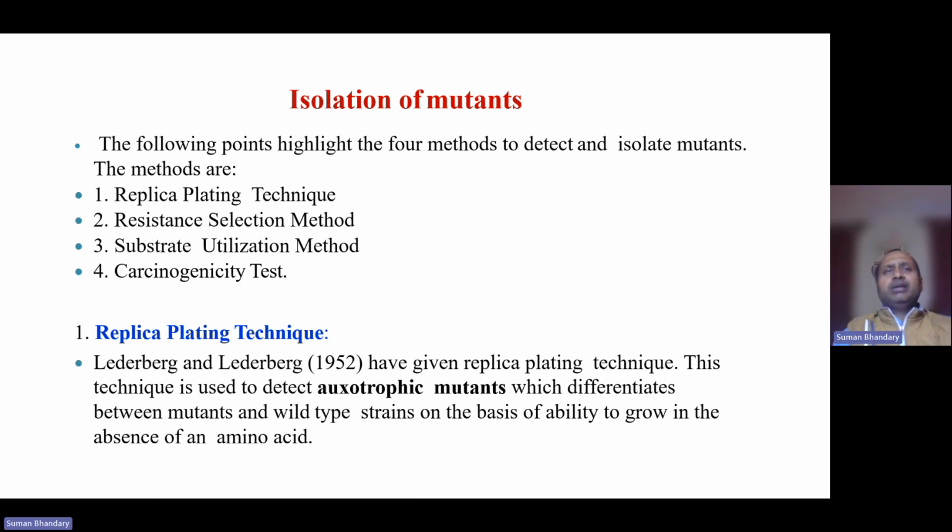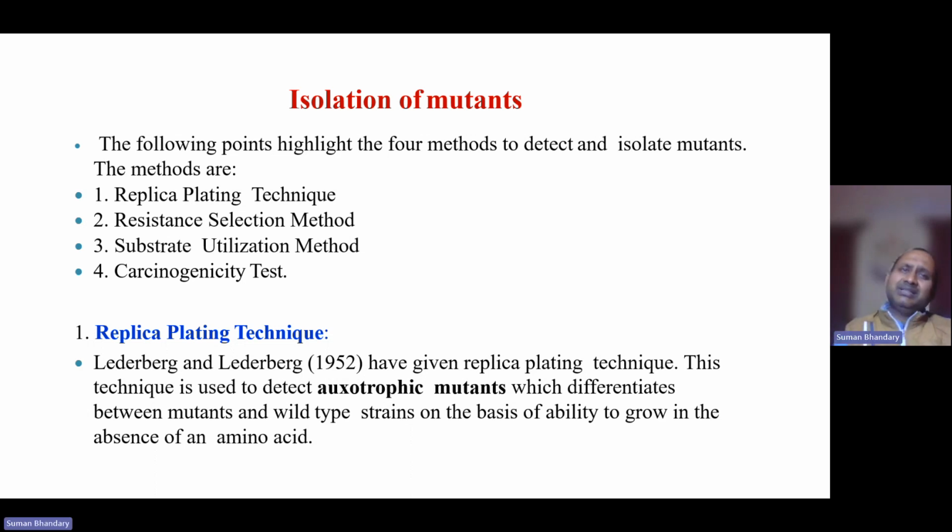The first technique, replica plating, was discovered by Lederberg in 1952. This technique is used to detect auxotrophic mutants, differentiating between the mutant and the wild type strains on the basis of the ability to grow in the absence of an amino acid. The auxotrophic method we have discussed in our first lecture.